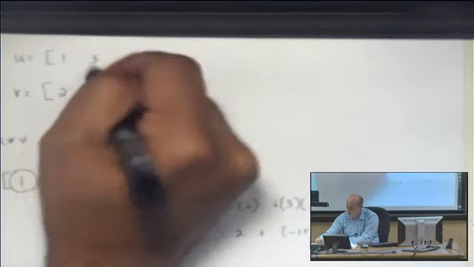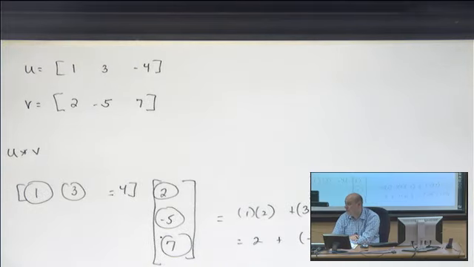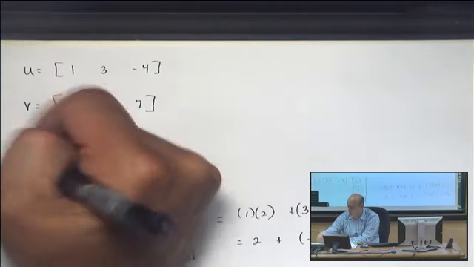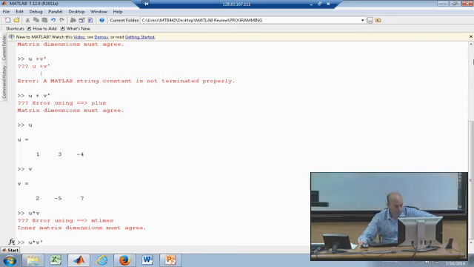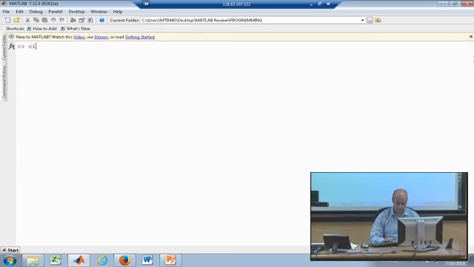U and V are the same size, but V is a row vector, right? So what I actually wanted to do is to transpose this. So let me go back to Matlab. Oh, I didn't mean to clear all, but I just have to type it in again.